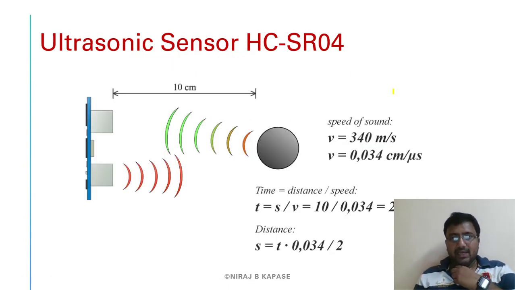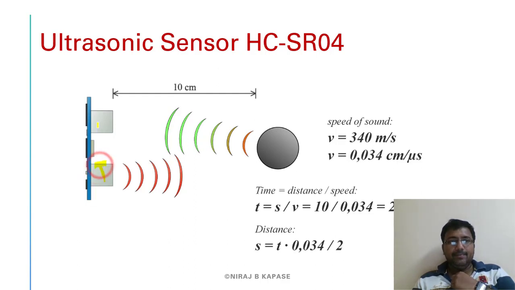Suppose here again is a transmitter T and here a receiver R. The speed of sound is 340 meters per second, so we get 0.034 centimeters per microsecond.